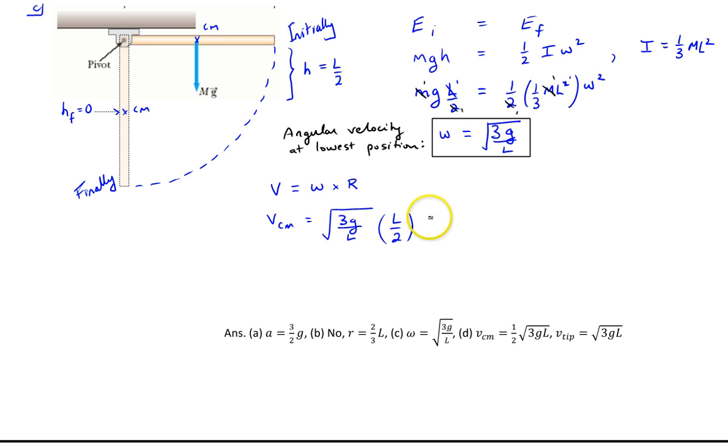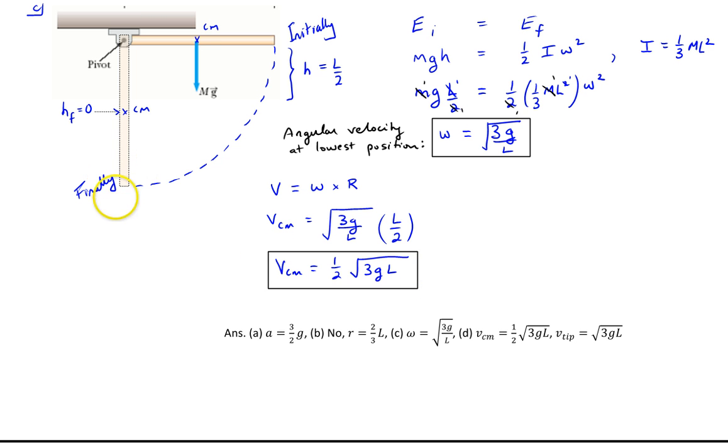And then if we rearrange this a bit more, we get the velocity of the center of mass to be equal to 1/2 the root of 3gL. So that's the velocity of the center of mass.